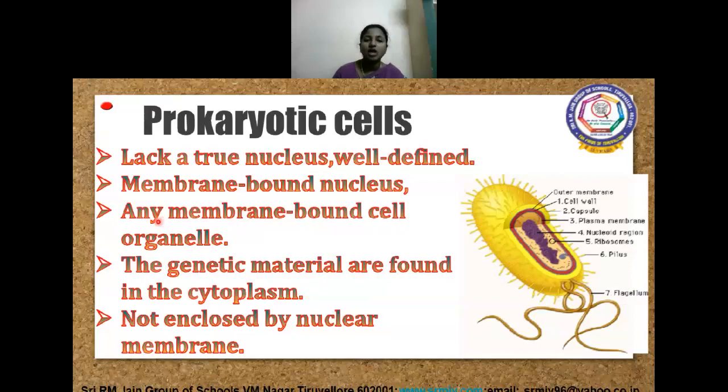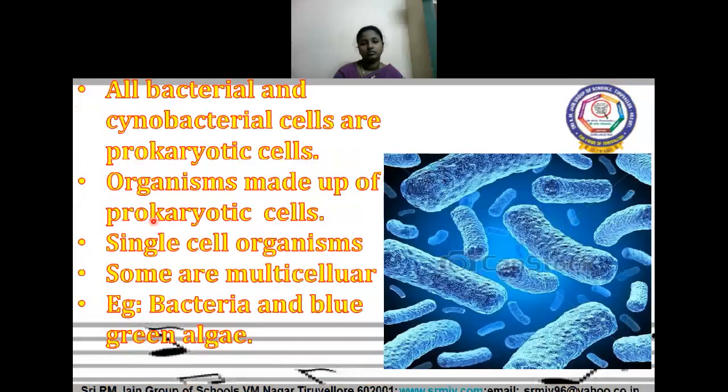The genetic material is found in the cytoplasm and is not enclosed by a nuclear membrane. All bacterial and cyanobacterial cells are prokaryotic cells. Organisms made up of prokaryotic cells are mostly single-celled organisms, some are multicellular. Examples: bacteria, blue-green algae.